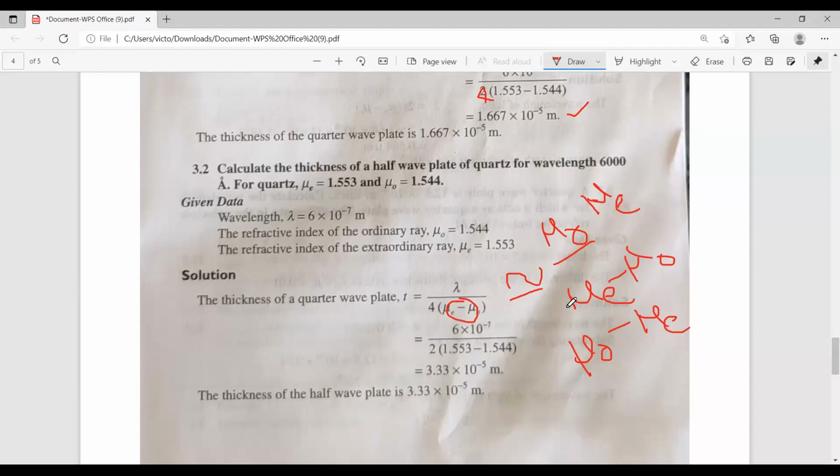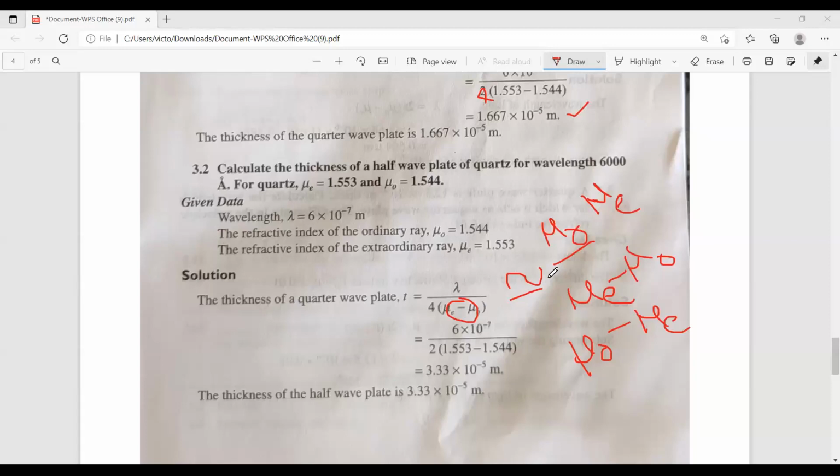Because actually we discussed in the topic, crystals are two types, positive crystal and a negative crystal. Based on that concept, here the expression minus is replaced with a difference notation.